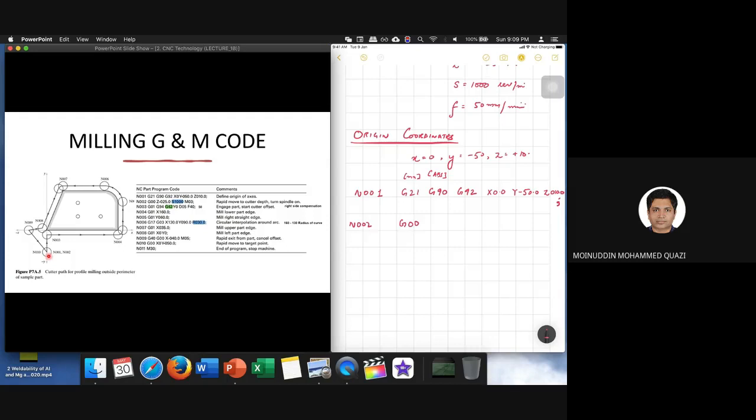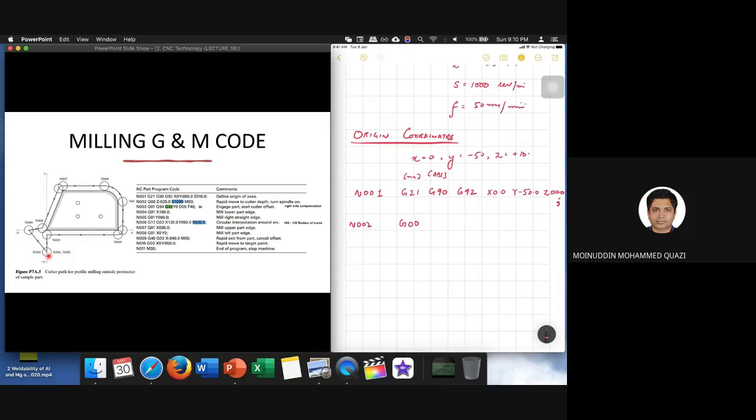So initially at the origin, my tool is above. My next point is to make the tool go down, start the spindle, and then move towards the workpiece. That is why I want to go down to a specified height of -25. So this is my tool, this is my workpiece.